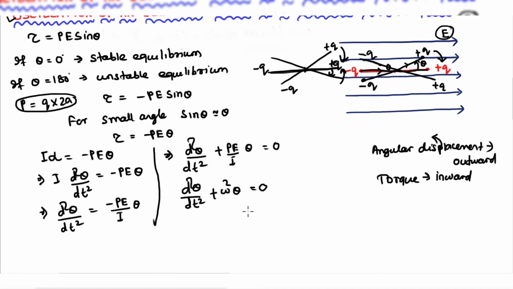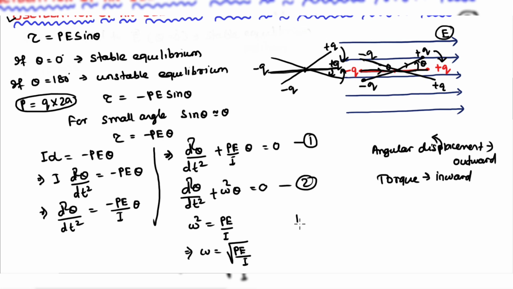So if you compare these two equations, this is equation 1, this is equation 2, you can say that omega square is equal to pE by I. That implies omega is equal to square root of pE by I.